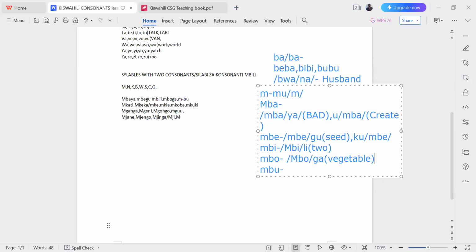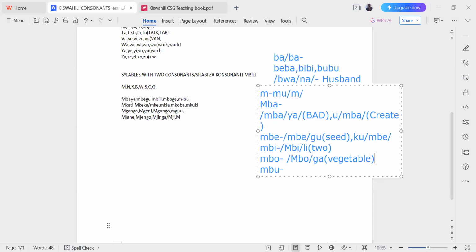So if you go to a hotel, they'll ask you, unakula mboga gani? They'll first ask, unakula chakula gani, which means which food are you taking? Then you'll say, ugali. Then they'll ask, na mboga gani, which means and which vegetable, which food. So here is where you say the mboga you want. You can say, I need fish with ugali, or I need beef with ugali. So that's how you'll say it.